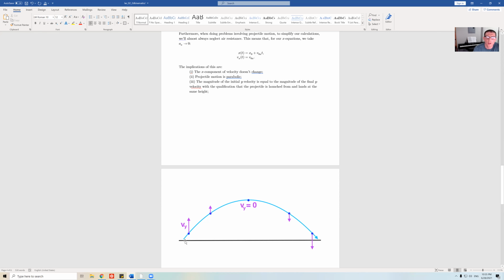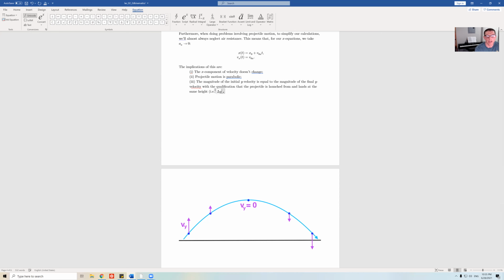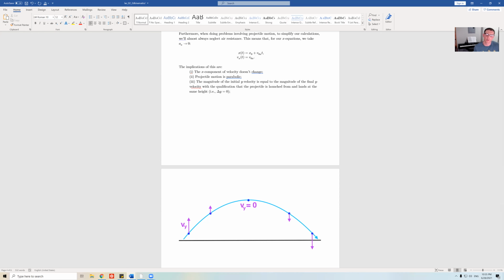And so we could write this mathematically, i.e. that delta y equals 0, right? And so it's important to remember that this only applies if your object starts and lands at the same height, right?